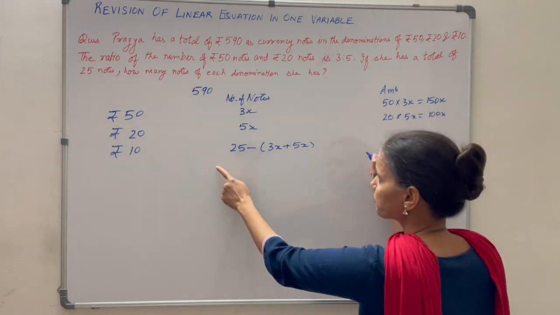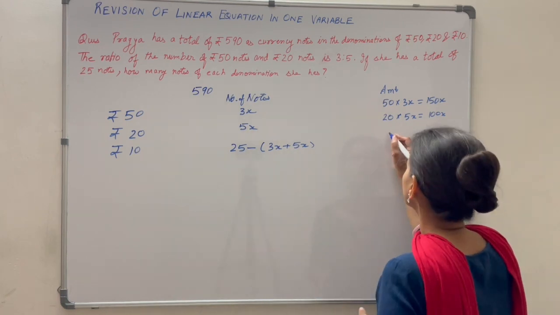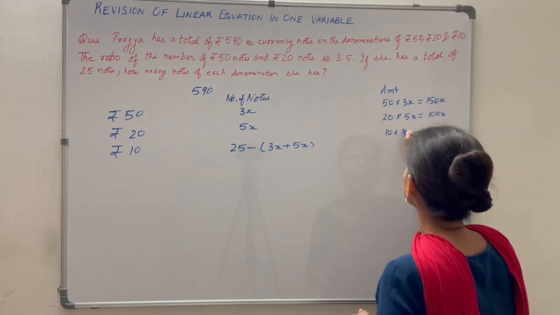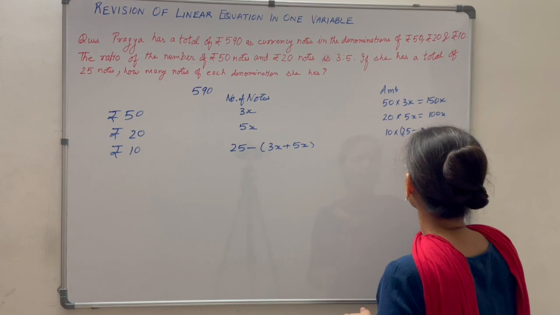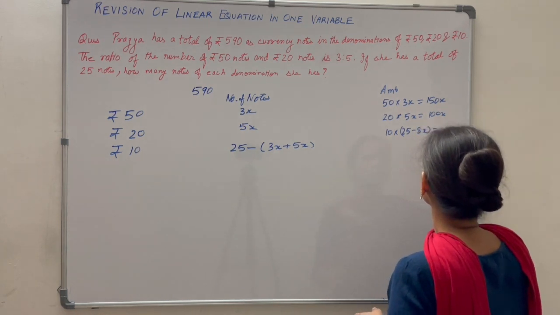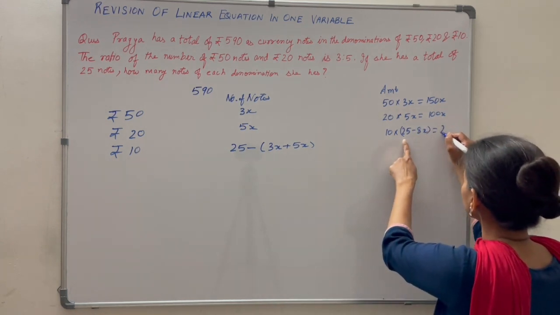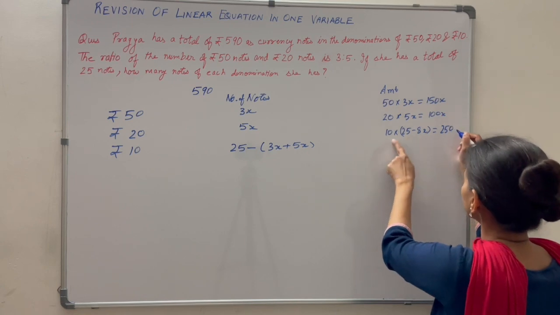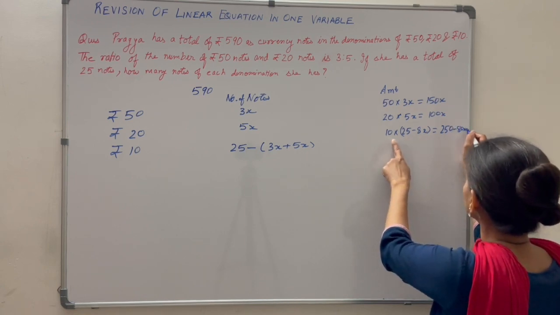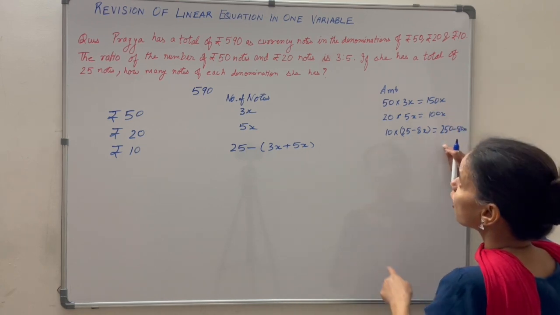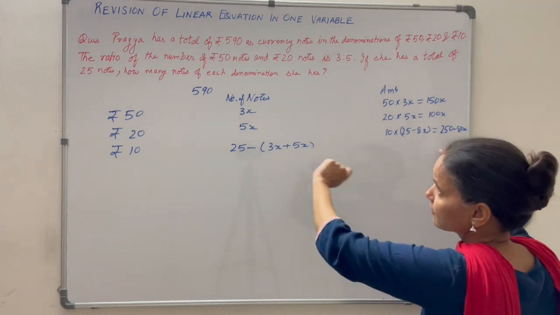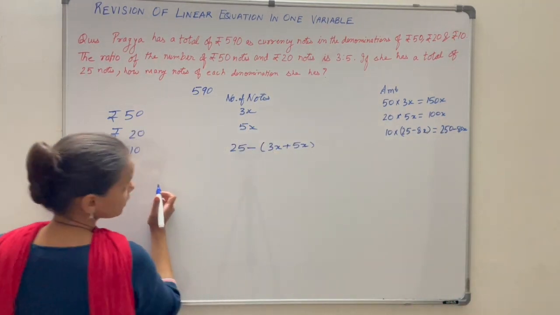And for 10 rupees, the value is 10 into (25 minus 8x), so that is 250 minus 80x. The total is 590, right? So let us frame the equation now.